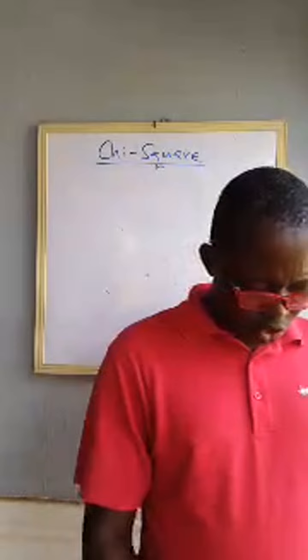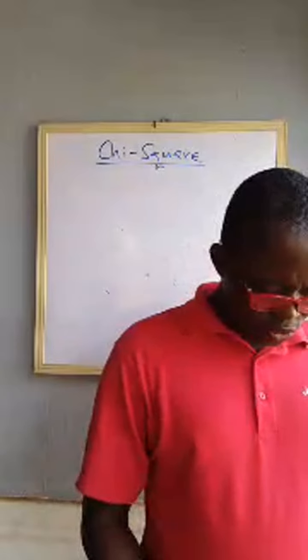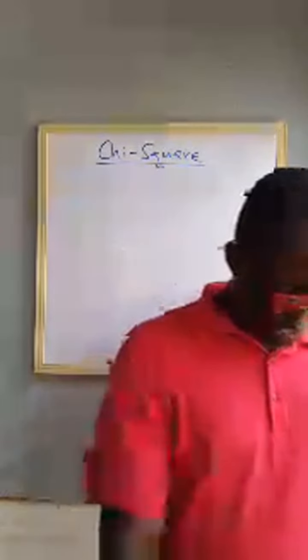Now let me show you what the table looks like. We have data type, question type, and possible responses.